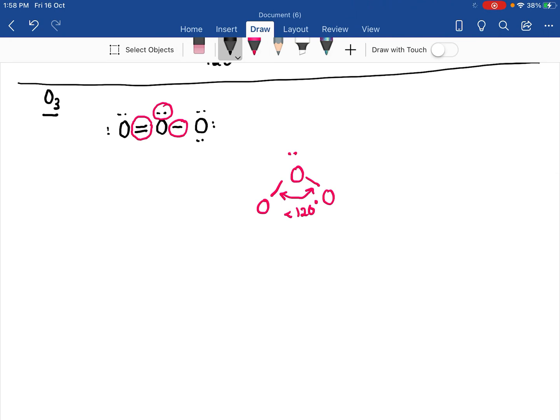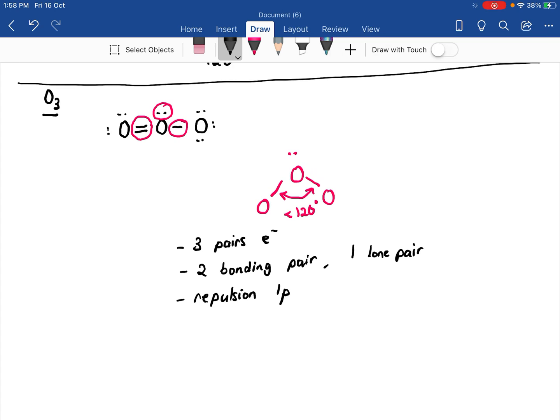Okay, first we identify how many pairs of electrons. There are 3 pairs of electrons around the central atom. However, there are 2 bonding pairs and 1 lone pair. And according to VSEPR, the repulsion of lone pair electrons towards bonding pair electrons is much stronger compared to repulsion between bonding pair and bonding pair.